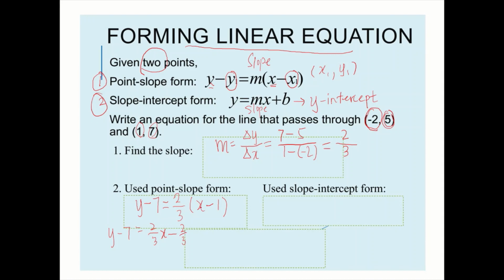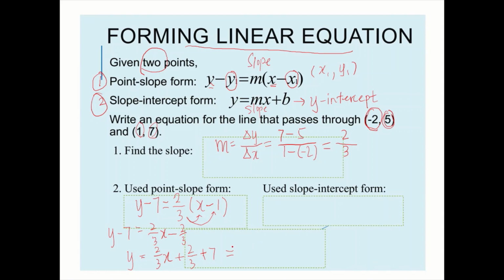So we multiply x, multiply negative 1. Now after that, we bring the 7 over to the right hand side. So we have plus 7.